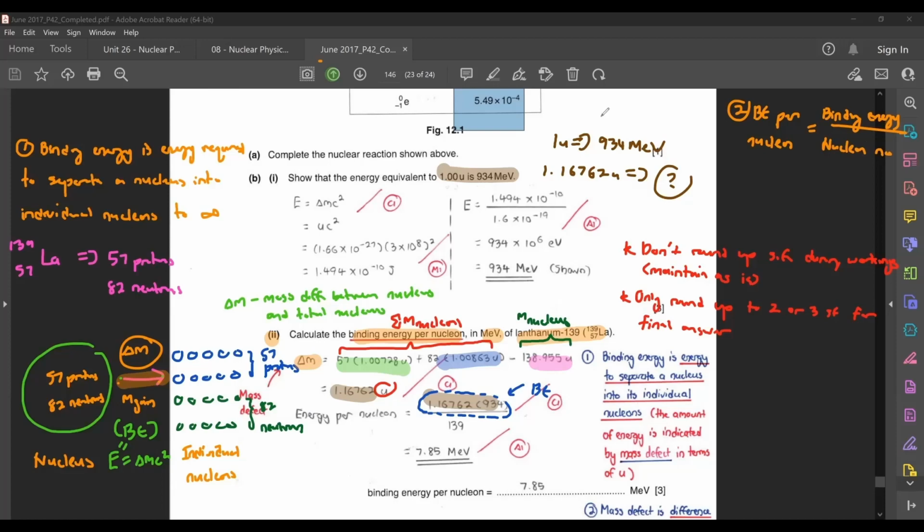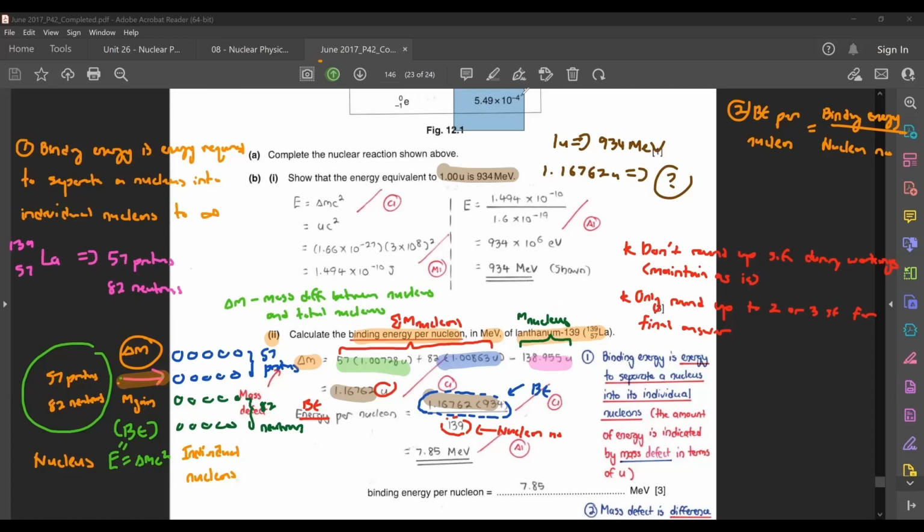The blue circle here is representing BE. The red circle here is representing your nucleon number. That's how you got your BE per nucleon here in the first place.